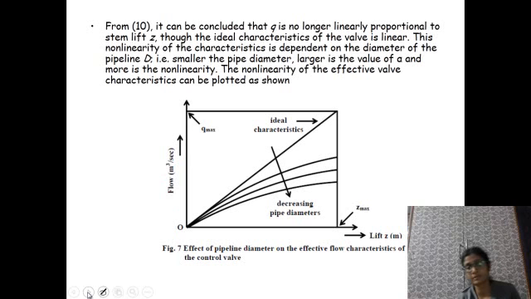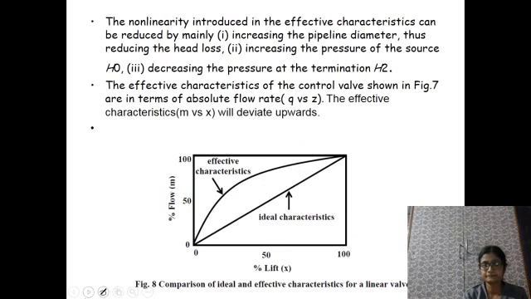Just rewind the expression for the characteristics. The characteristic was initially defined as Q versus Z. From that it was simplified as M versus X, and the effective characteristic is always Q versus Z, that is flow rate with the stem movement.